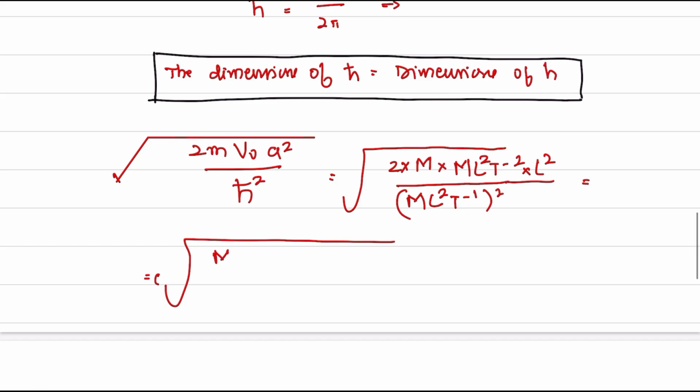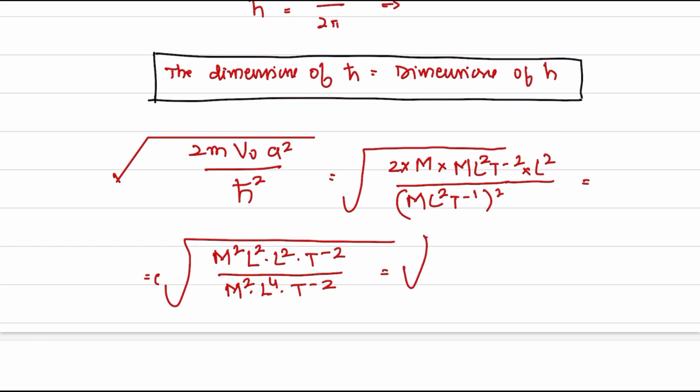M square L square into L square into T to the power of minus 2, whole divided by M square L to the power of 4 T to the power of minus 2.